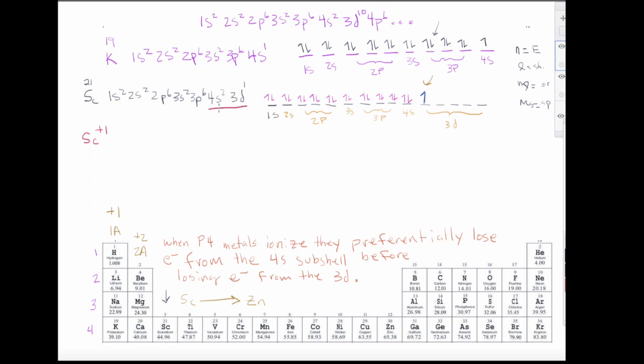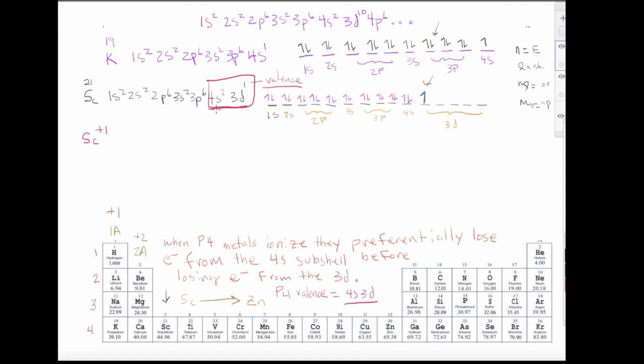The valence for period 4 is going to be the 4s and the 3d. So let me box that in right now. So this is the valence for scandium. Period 4 valence, I'm going to write that down here too. This is equal to the 4s and the 3d. Very, very important to know.